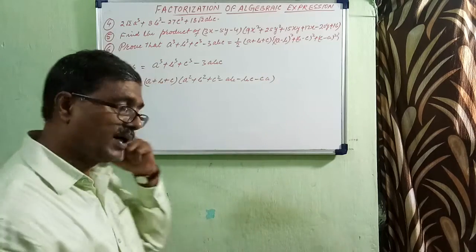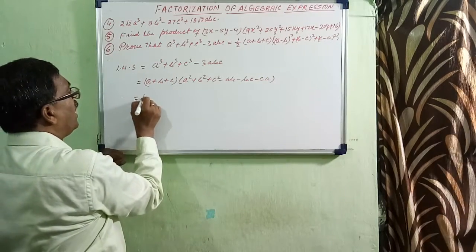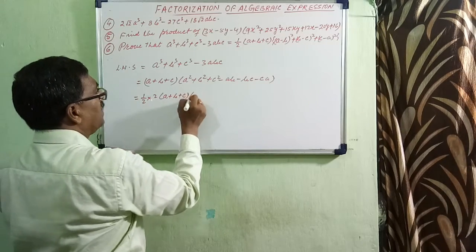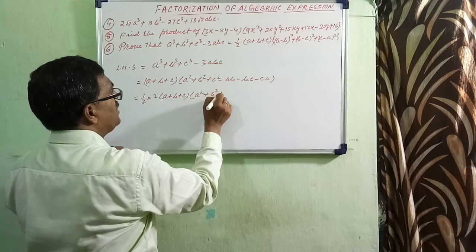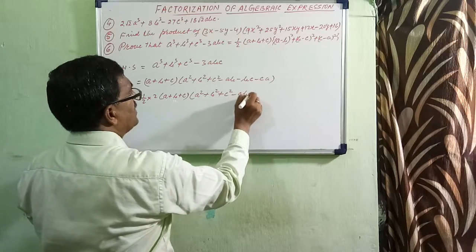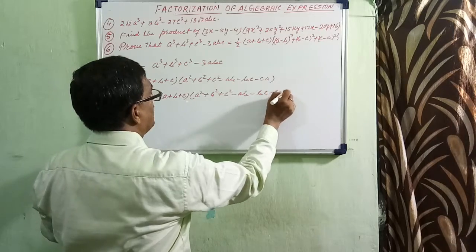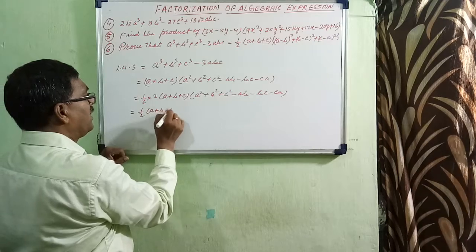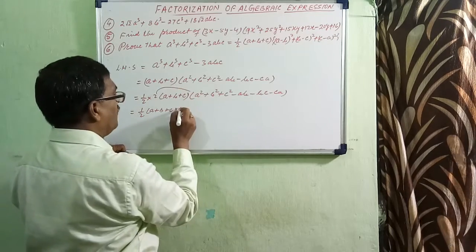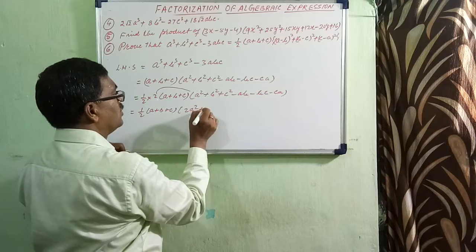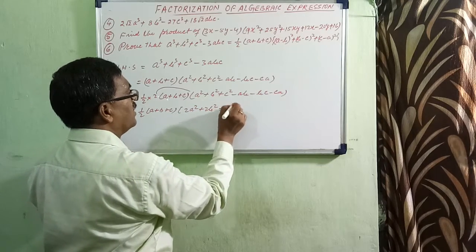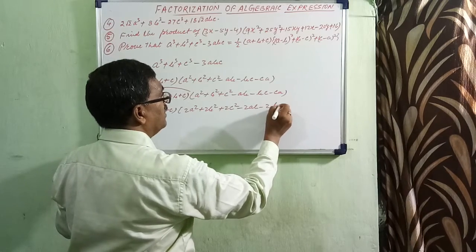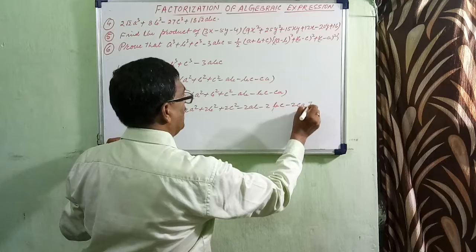In order to convert that, I will take here half into 2 (A plus B plus C) into (A square plus B square plus C square minus AB minus BC minus CA), and then half into (A plus B plus C) remains as it is, but 2 is multiplied everywhere: 2A square, 2B square, 2C square, minus 2AB, minus 2BC, minus 2CA.